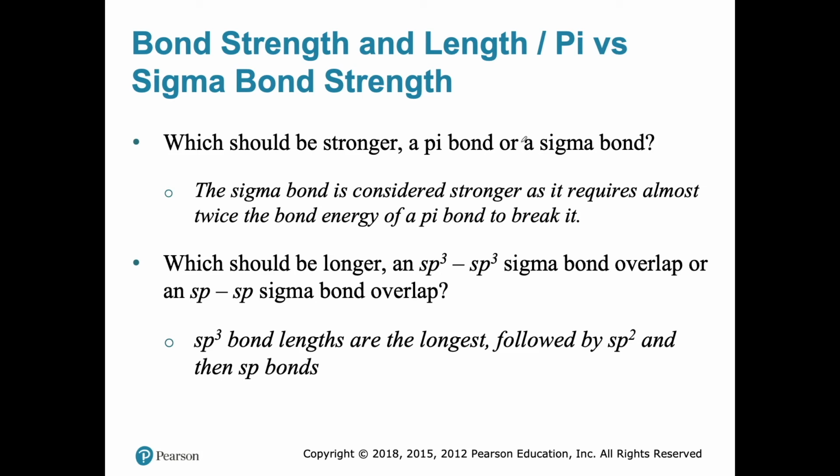Single bonds are the longest, double bonds are in the middle, and triple bonds are the shortest. sp3 orbitals are single bonds. Remember methane? Methane has 4 hydrogens, all of them single bonded.